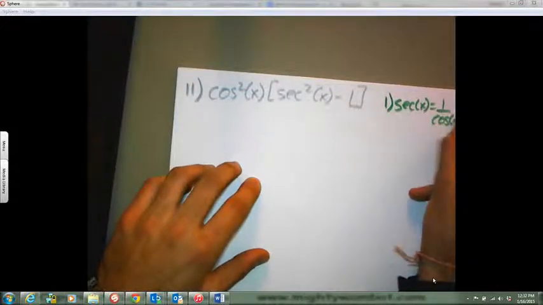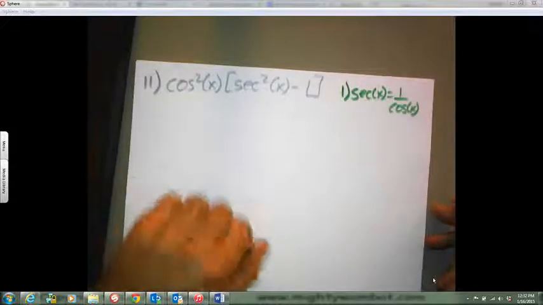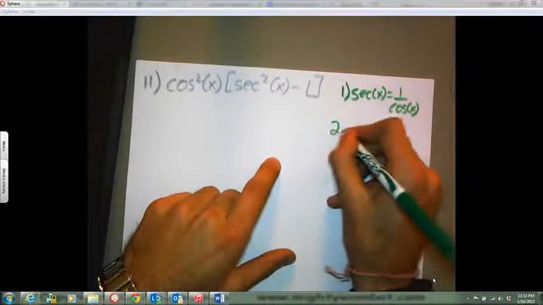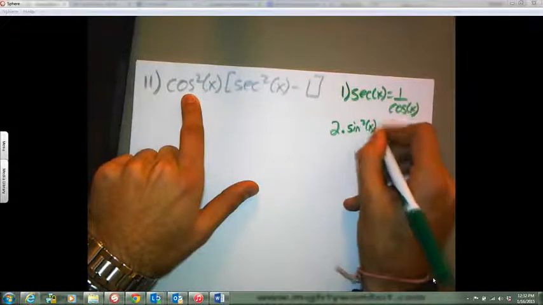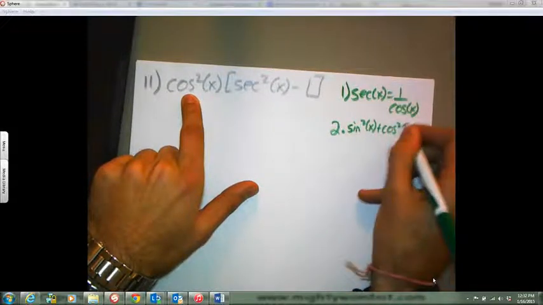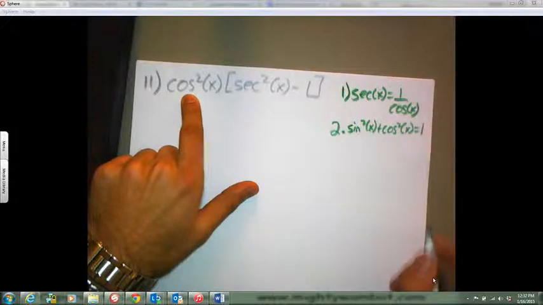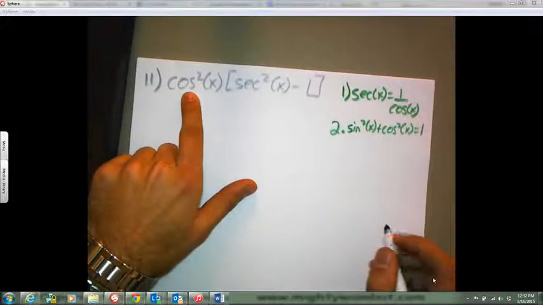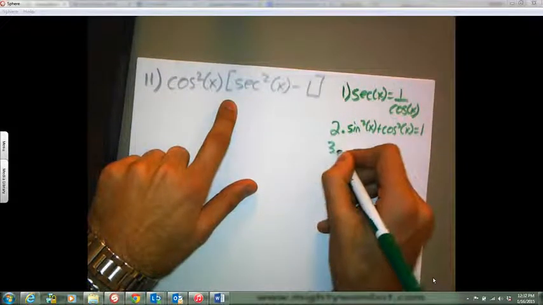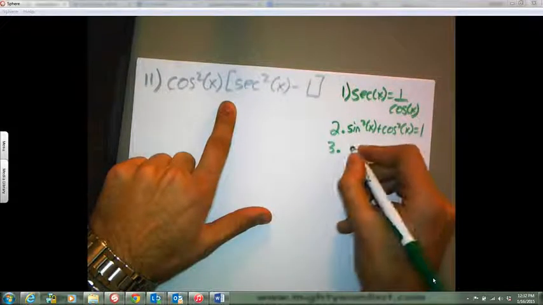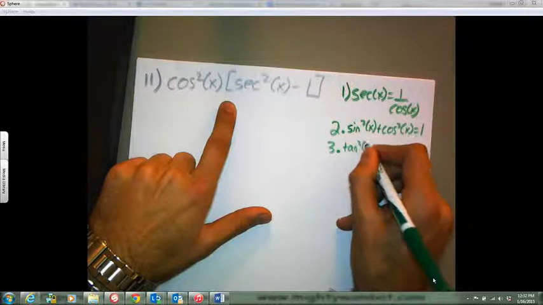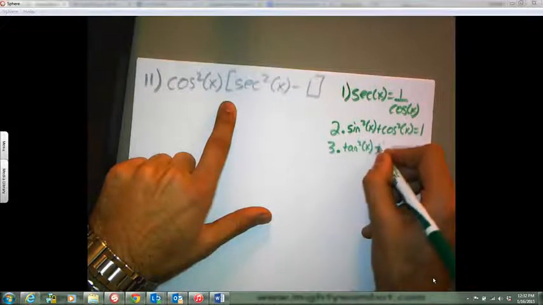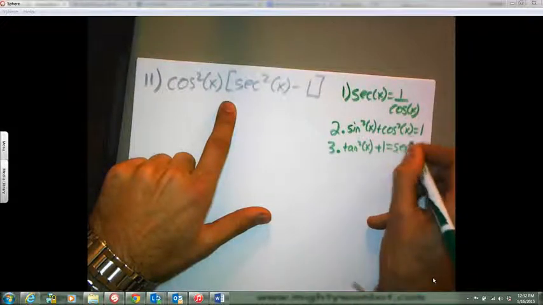I might say, I might use this. I might use this. Right? These are just some examples of what I might use.